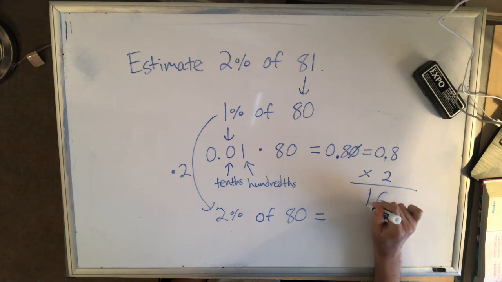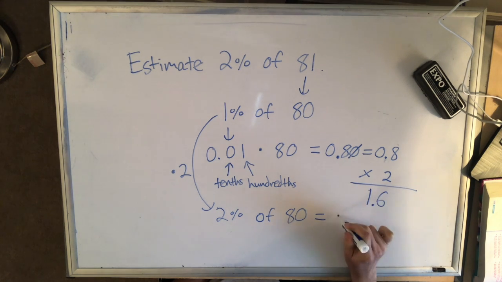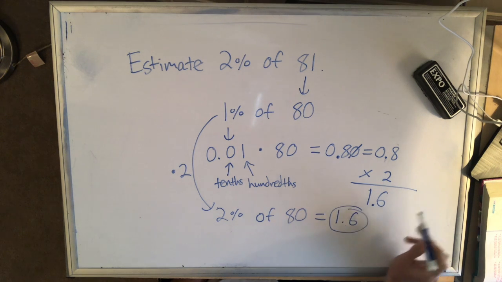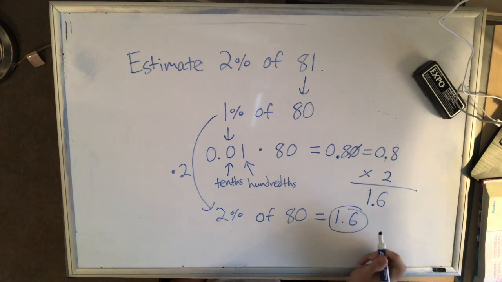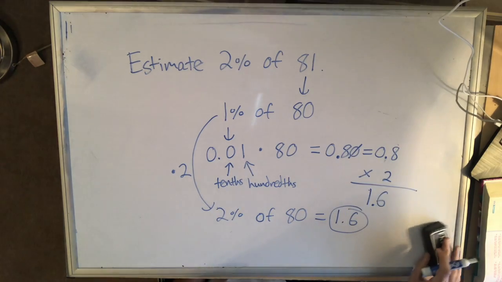There is 1 decimal place total in the multiplication problem, so we need 1 decimal place in the answer. So 2% of 80 is 1.6. So 2% of 81 is approximately 1.6. If you want to find the exact answer, do 0.02 times 81. Next example problem.